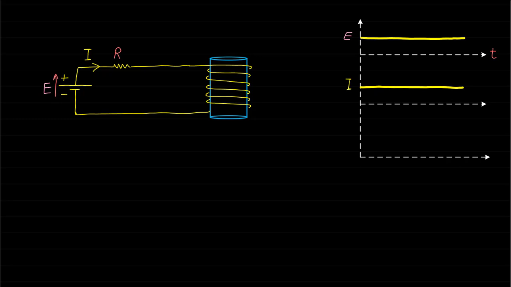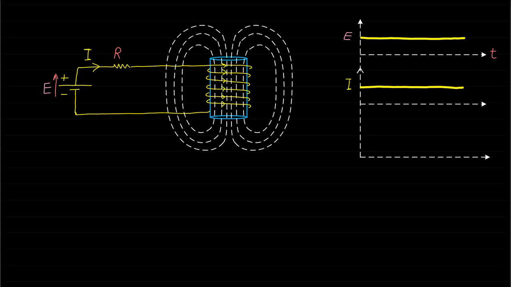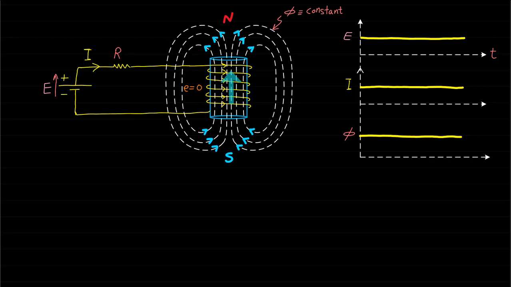Based on this configuration, a constant magnetic field lines phi will be produced in one direction. That means the magnetic field lines that are linked to the coil turns psi are constant as well.